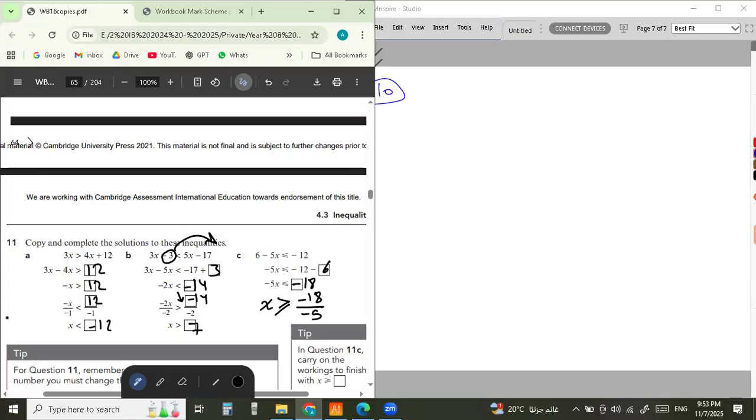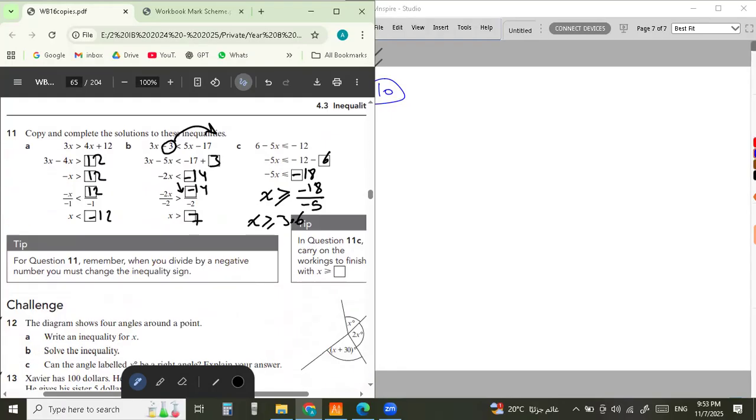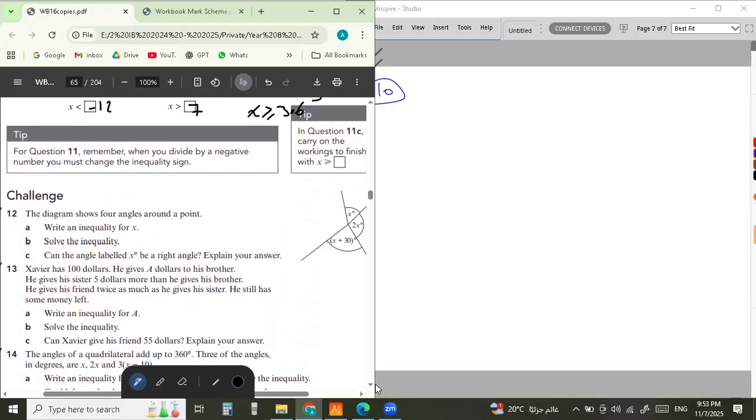So you're going to find that x is greater than or equal to what? Negative divided by negative is positive. 18 divided by 5 is 3.6, I guess. Yes, 3.6. Look at that, they even gave you a tip here. Remember, when you divide by a negative number, you must change the inequality sign.